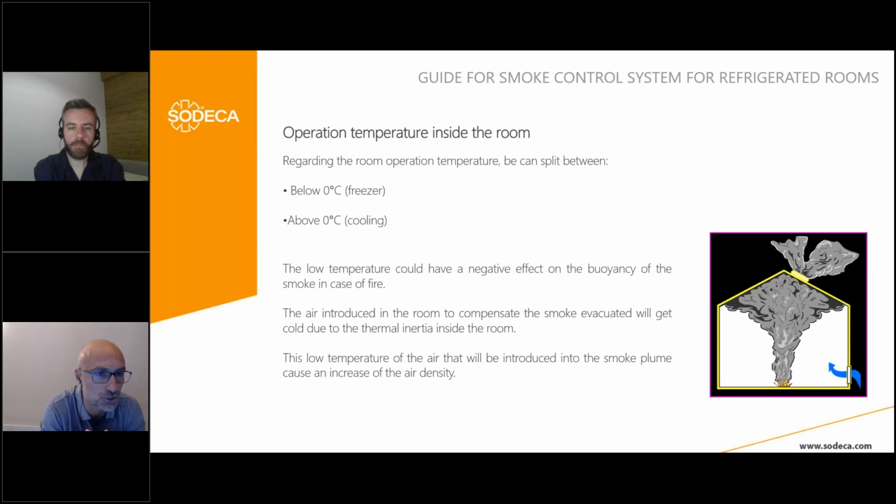As we see here, the air introduced in the room to compensate the smoke evacuated will get cold due to the thermal inertia inside the room, and this low temperature of the air that will be introduced into the smoke plume can cause an increase of the air density.